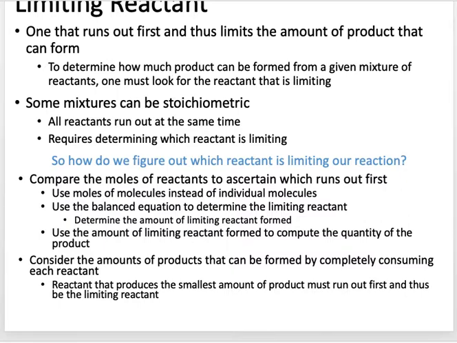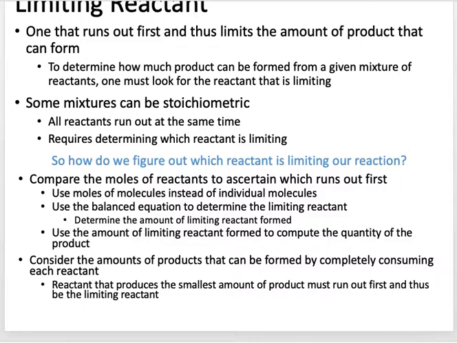So some mixtures can be stoichiometric, right? We know that all the reactants will run out at the same time. So how are we going to figure this out? We're going to go through a problem where we're going to figure out the limiting reactant. There are 2 different ways, 2 different processes that are both correct.